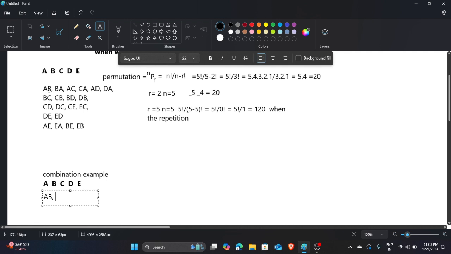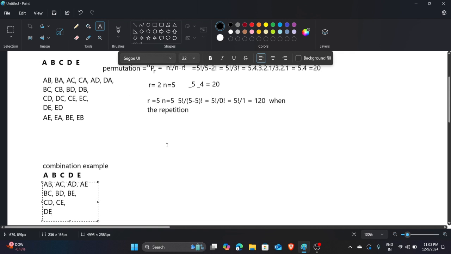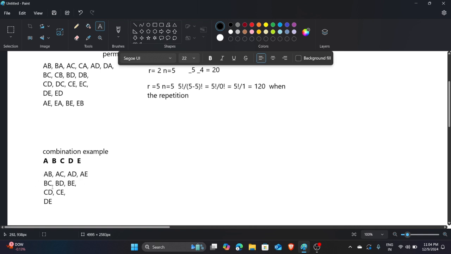So the total combinations possible: A with B, A with C, A with D, A with E. Then B with C, B with D, and B with E. Then C with D, C with E, and then only D with E. So you can see there are 10 combinations, 4 plus 3 plus 2 plus 1.